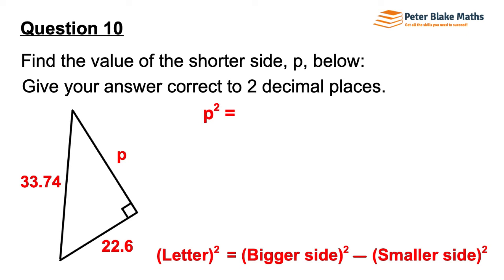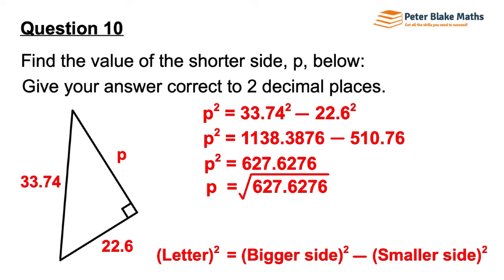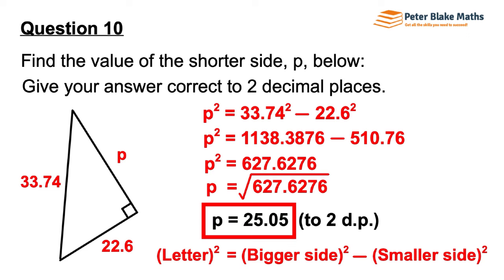So the letter is P, so we'll go P squared equals the bigger side squared, which is 33.74 squared, minus 22.6 squared. When we run the numbers on that, we get that big number minus that big number. Simplifying that, we get P squared equals 627 and change. Square root both sides to get P on its own, and run that through your calculator, rounding carefully to 2 decimal places like we're required to do in this question. Hope you're getting the hang of those. Enjoy.